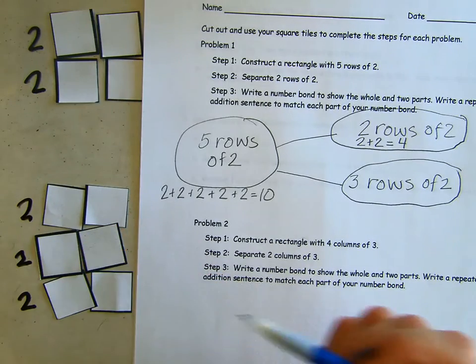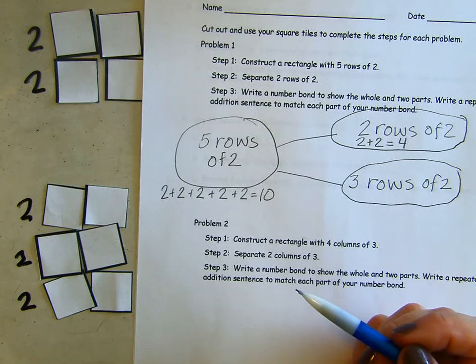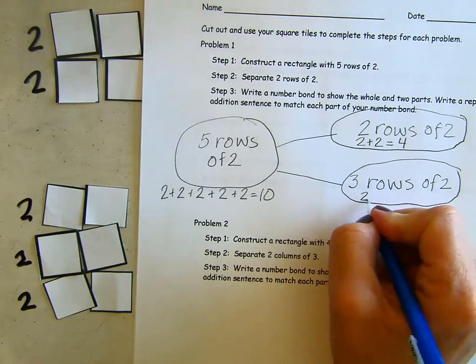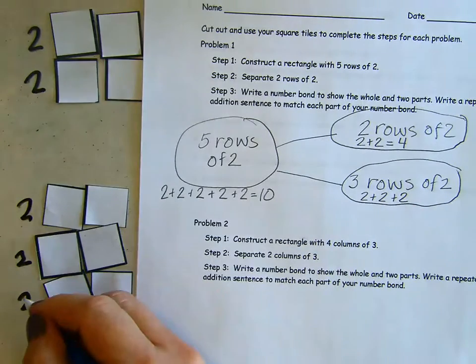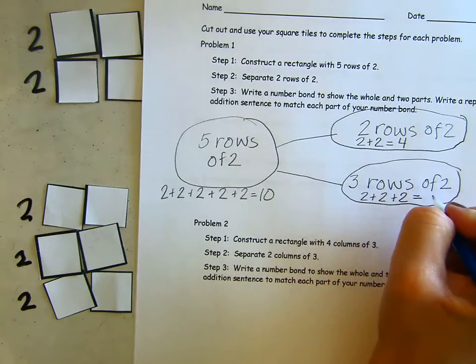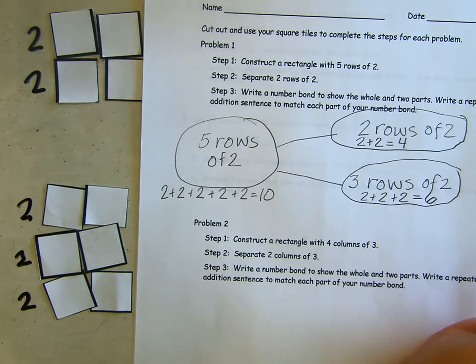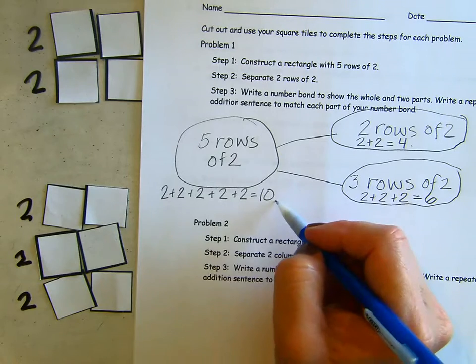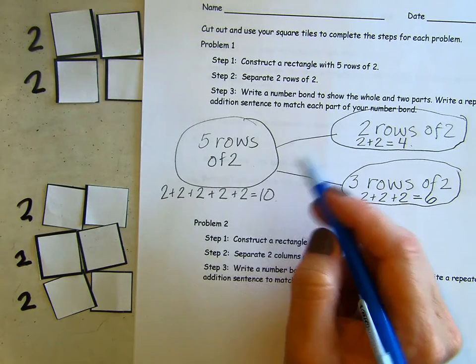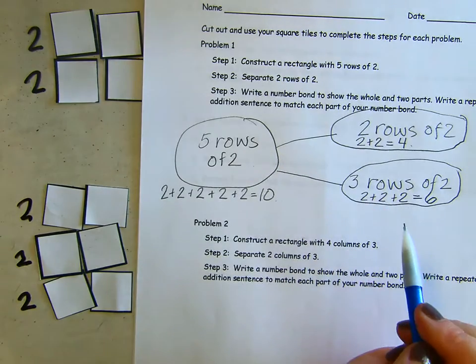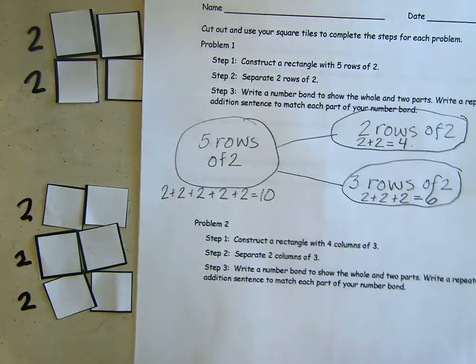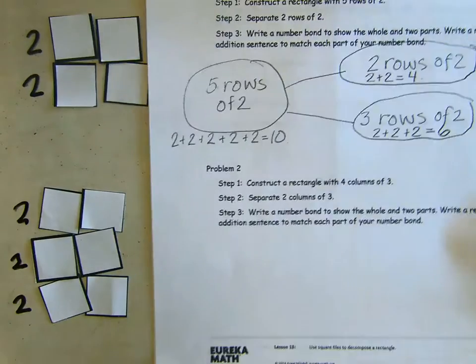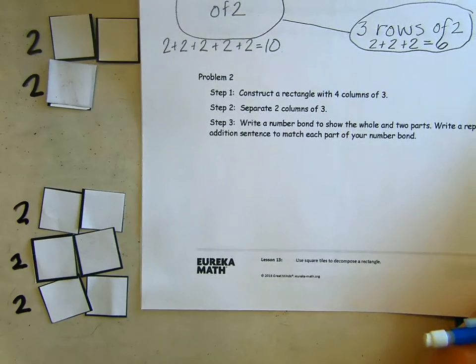What's my repeated addition need to be? 2 plus 2 plus 2. And that equals 6. When I put 4 and 6 back together, I get 10. This is the whole. These are the parts. And if you put your number bond on sideways like this, I think it's going to fit a little bit better. Let's look at this next one.